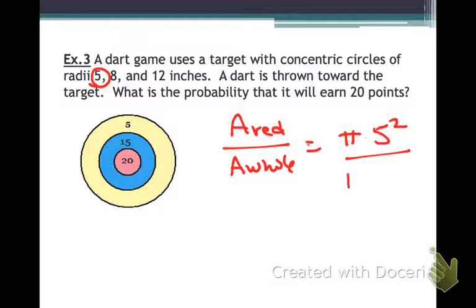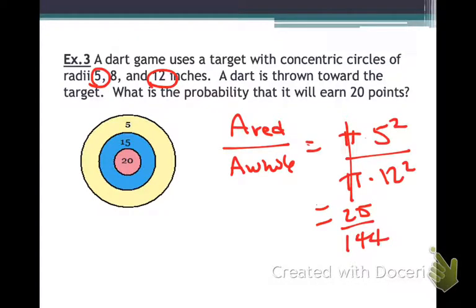And the whole thing has a radius of 12. Again, the pi's will cancel, so I'm left with 25 over 144, which is 0.174, which would be about 17.4%.